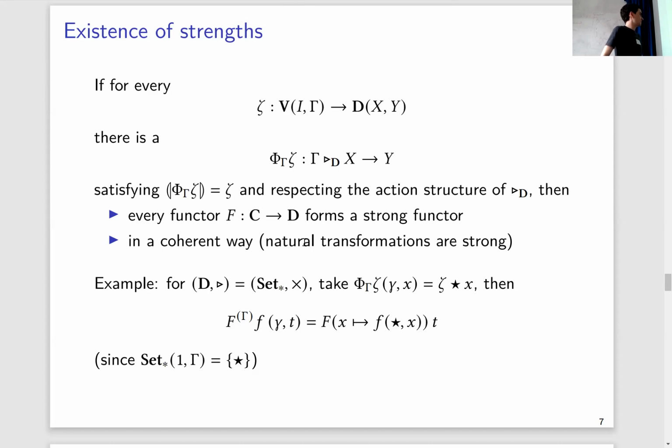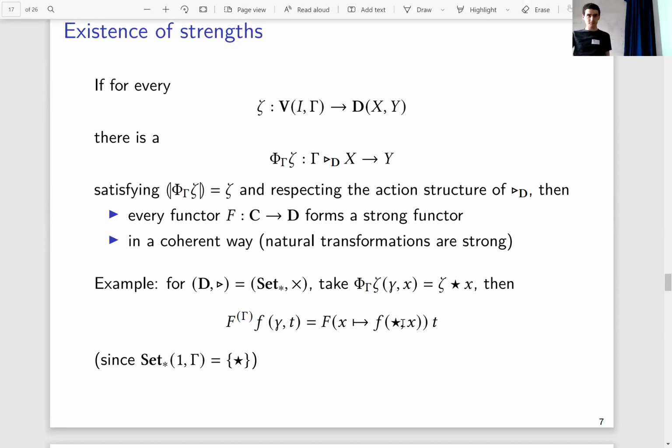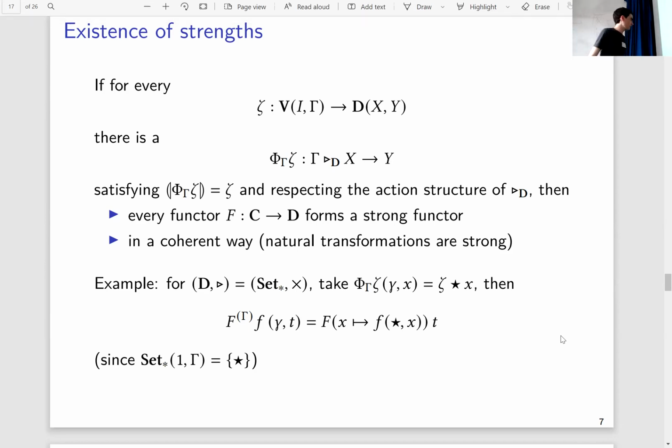All we can do is take zeta and apply it to the unique point, and this gives us a function from X to Y that tells us what to do with X. This is really the only way of defining this. But it does mean that every functor can be made into a strong functor. In this case, we completely ignore gamma and just send it to star. But this is really the only way of coherently creating strengths for functors on pointed sets.